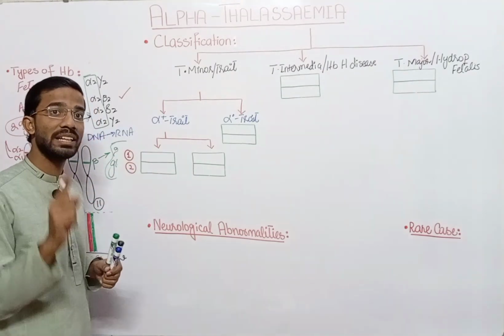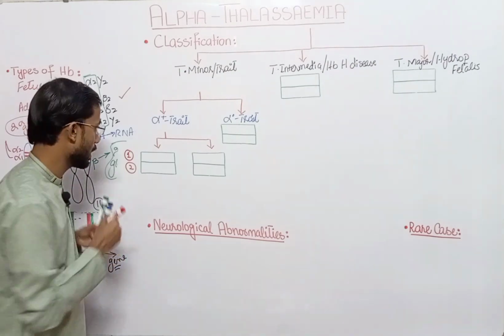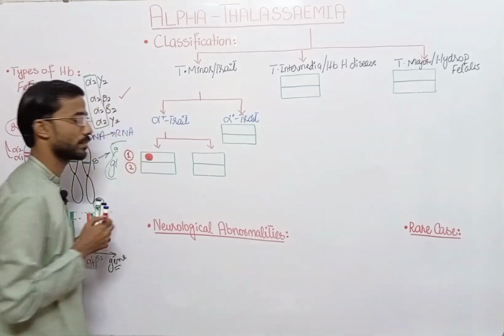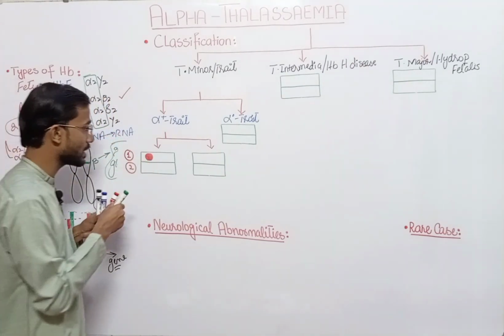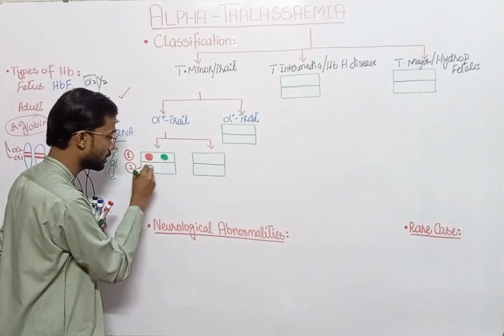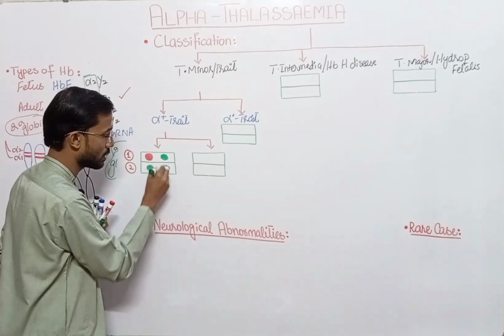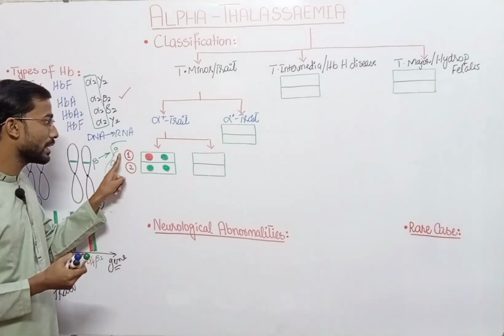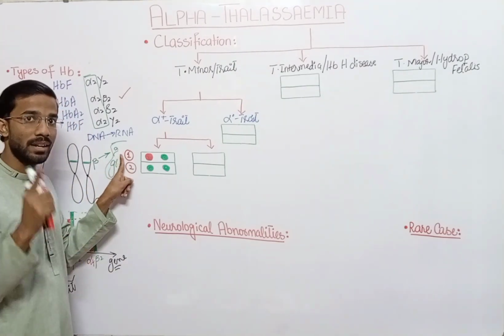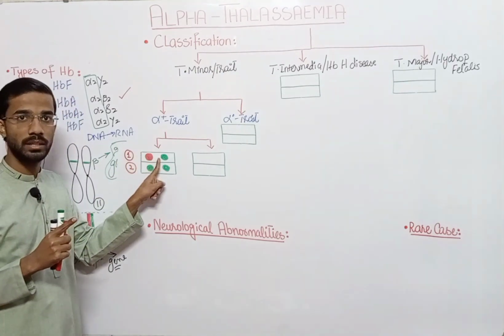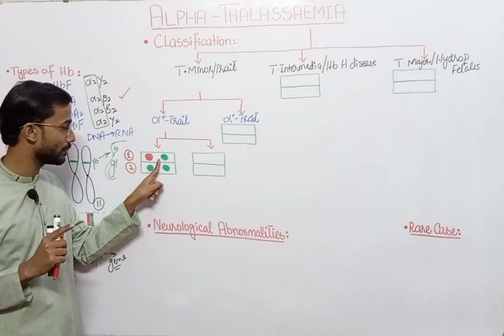When there is one defective gene, here is a defective gene, but the other genes will remain the same. These are the normal genes. So you see that gene 1 has one defective allele, the other remains a normal allele.